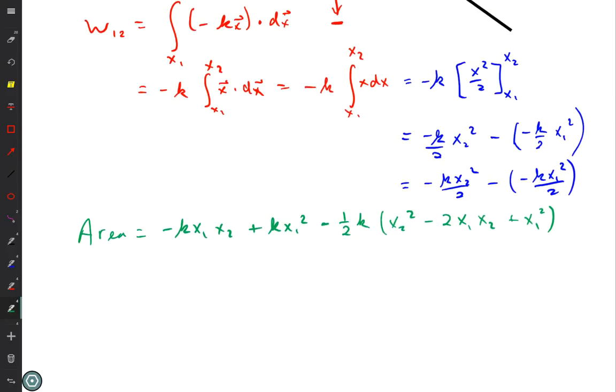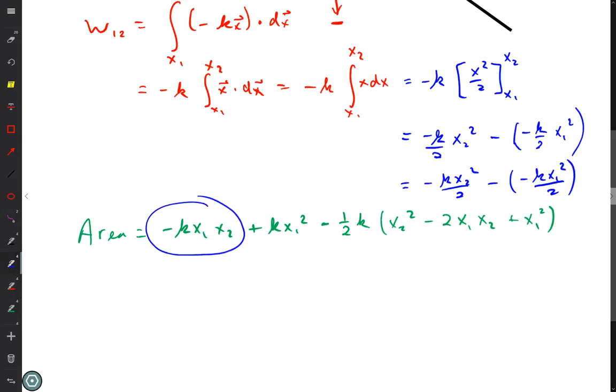If I look at these, I have minus k x1 x2, and here I have minus a minus, so plus. So this here and this here combines to give me plus k x1 x2 over 2 times 2.